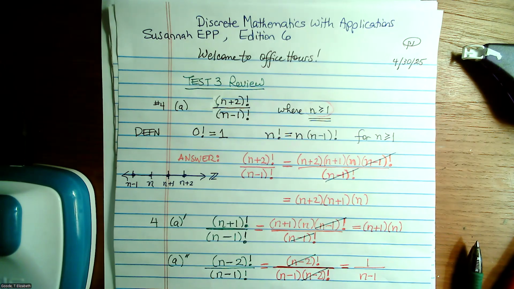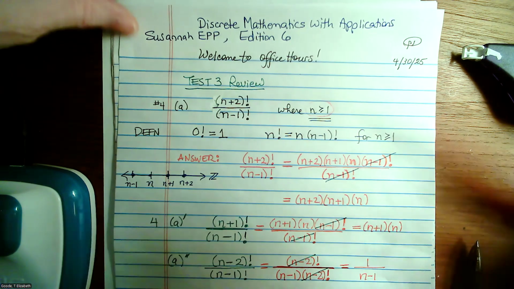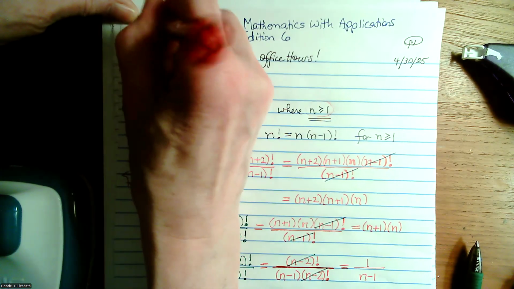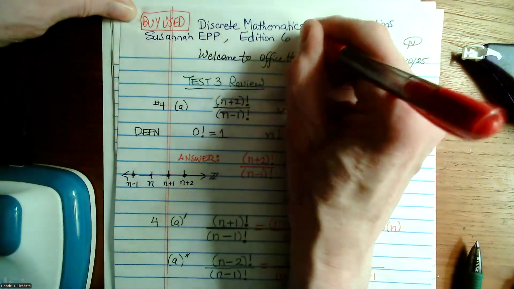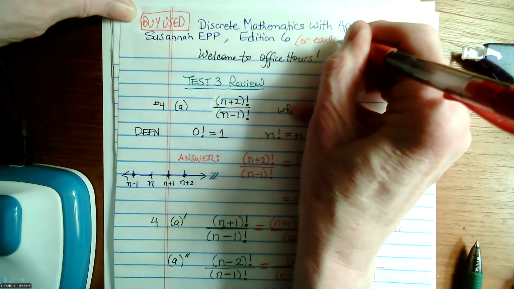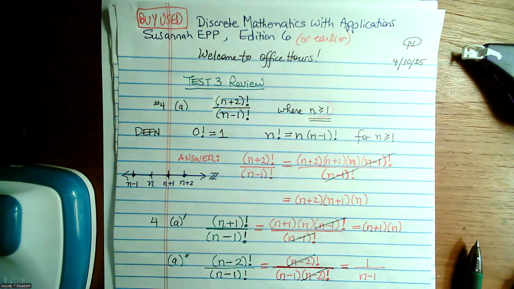That sounds good. Buy used. I would love to see us move away from ebooks. I like the WebAssign, and the ebook has to come with it because you've got to be able to poke around in the book. If you say, take me to where the information is, it has to be linked to the ebook.